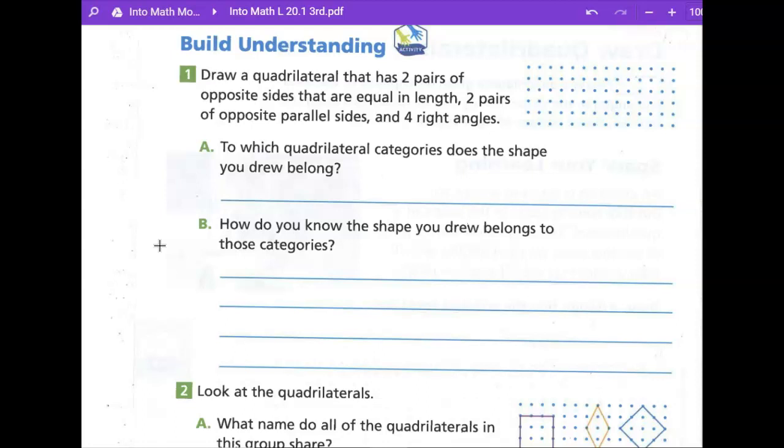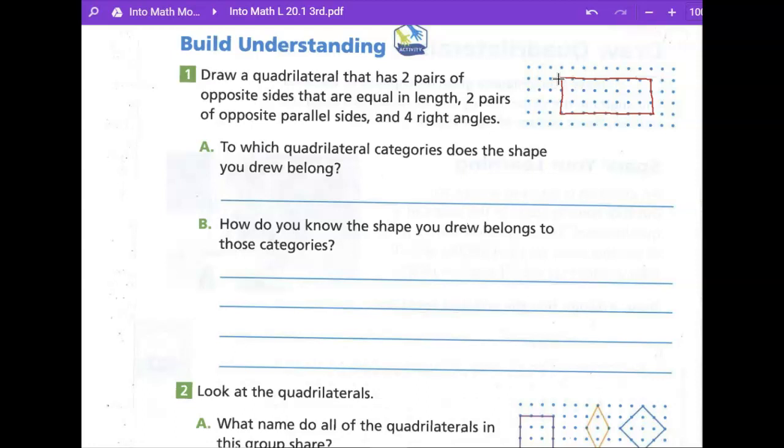I think I know. Rectangle. They draw a rectangle. I was going to say a square. No, because they have to be opposite sides that are equal in length. Well, but it doesn't say all sides equal in length.